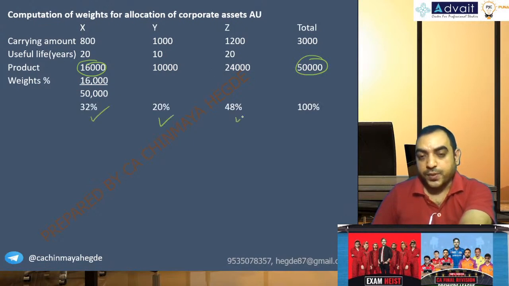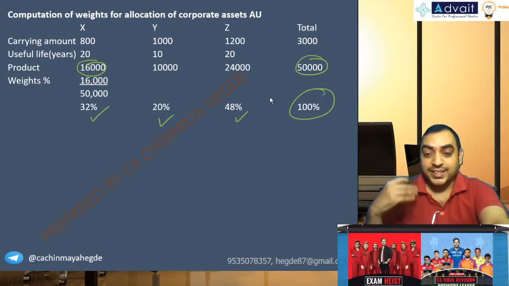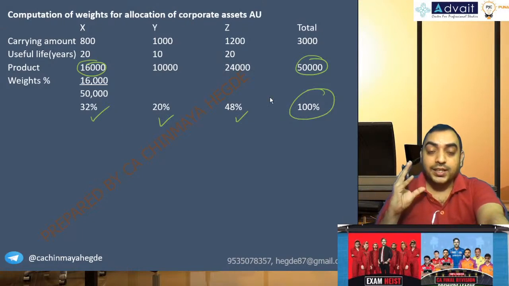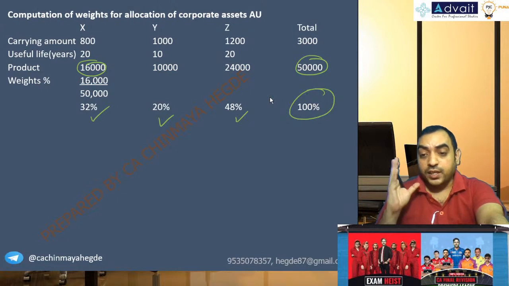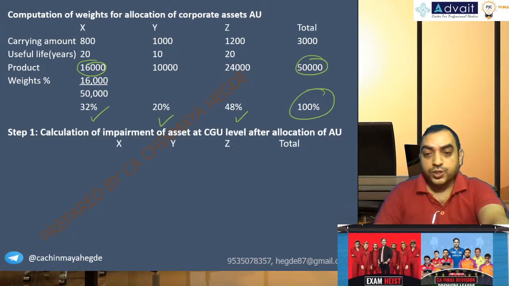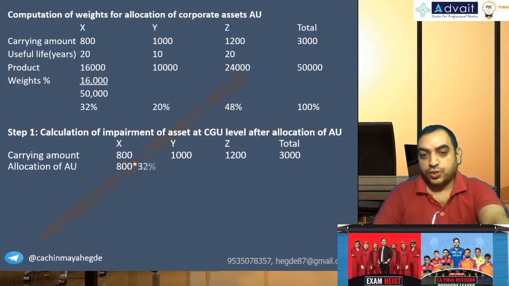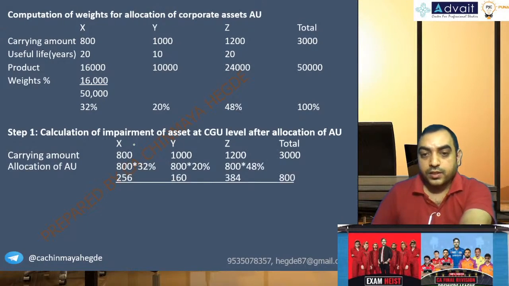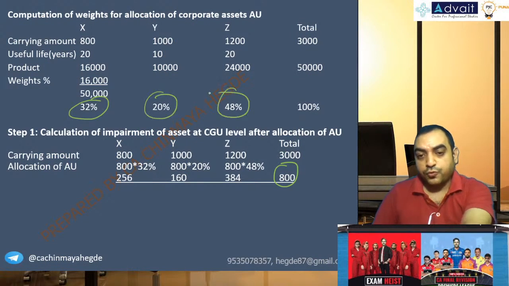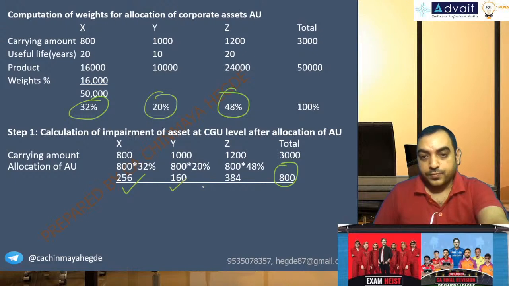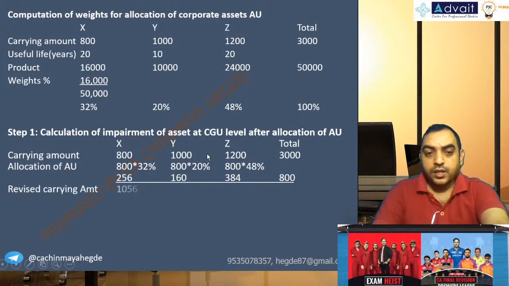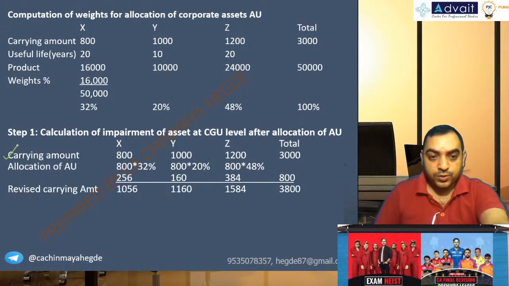Then similarly this 20%, 48%, total 100%. So this is the basis on which the carrying amount of AU can be allocated. So XYZ total you have 800, 1,000, 1,200. You can allocate this 800 amount by this percentage, 32%, 20%, 48%, which will come to 256, 160 and 384. This is the revised carrying amount. So carrying amount, allocation, revised carrying amount.